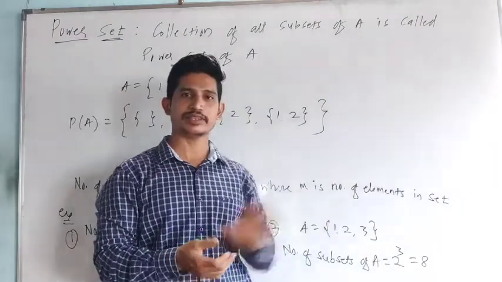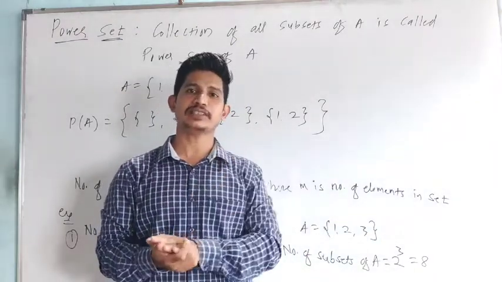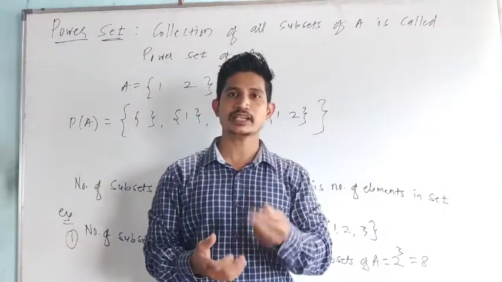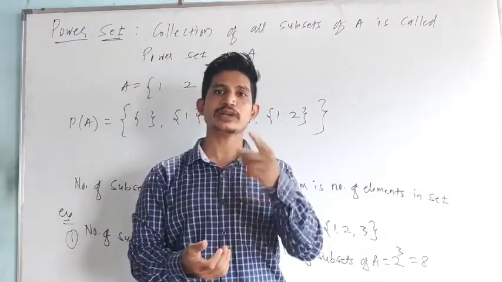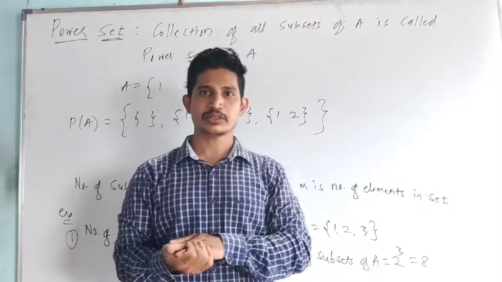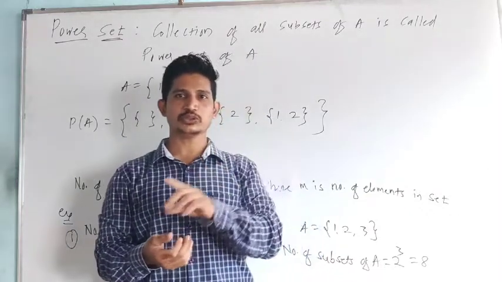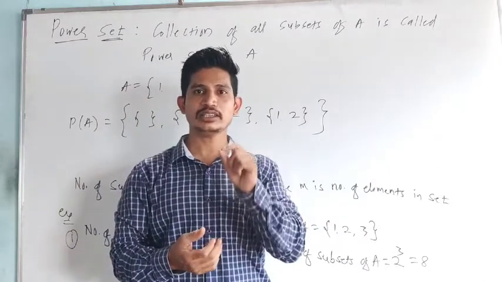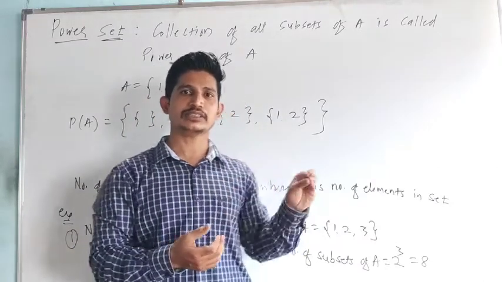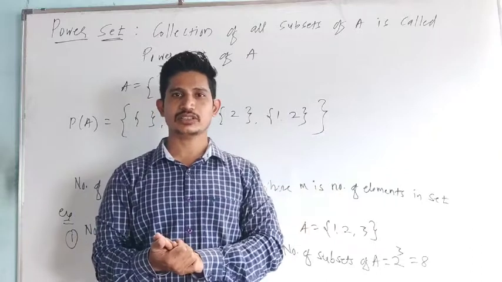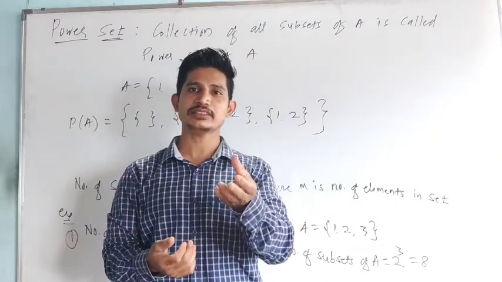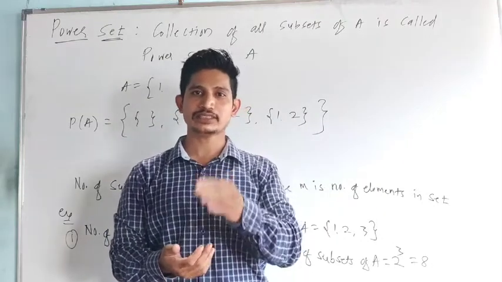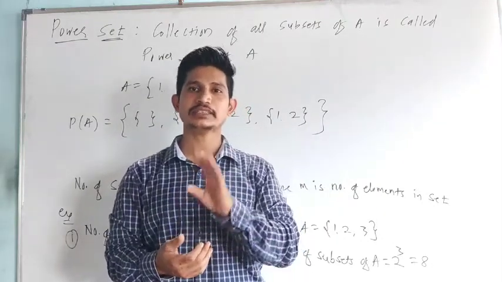If there are 5 elements, how many subsets can we write? 2 raised to 5, that is 2 into 2 into 2 into 2 into 2, which is 32. If the set has 6 elements, then 2 raised to 6, 64. So we can write 64 subsets.